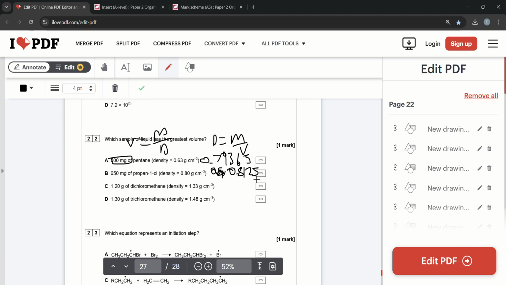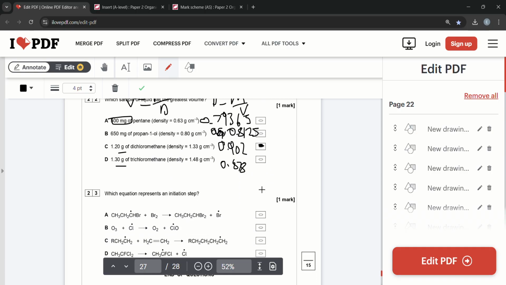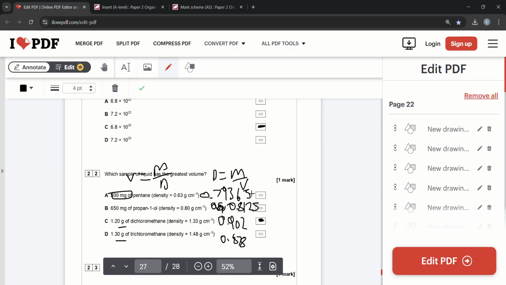Same with this one, but in this case we already have it in mass in grams, so 1.20 divided by 1.33. 0.902, and in this case 0.878. So the answer is C. 1.20 grams of dichloromethane, density is 1.33 grams per centimeter cubed. So just work out the volumes of each and every one of them using the classic equation. Density is mass over volume, and rearrange it.